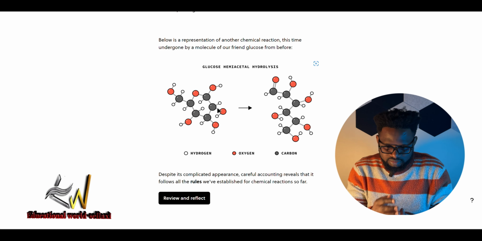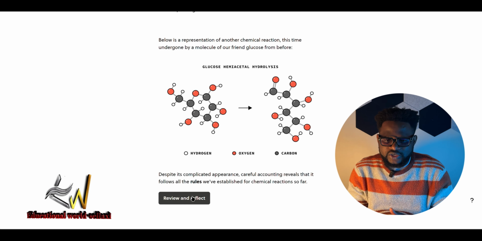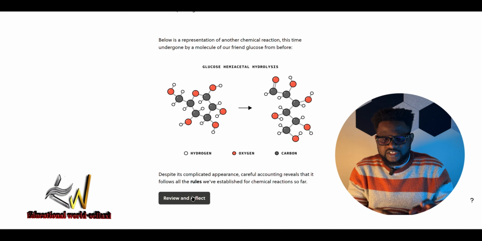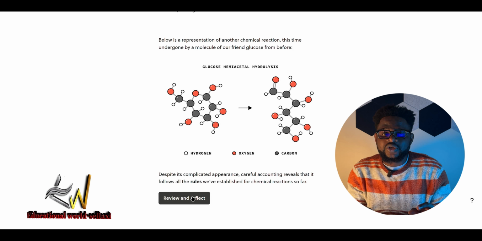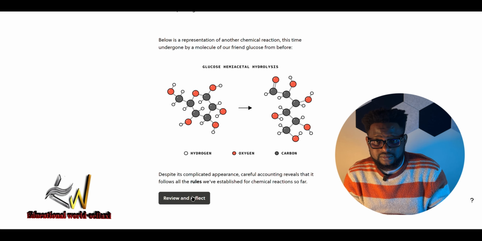Forget about the complication of the reactions here. In this glucose hydrolysis, nothing changes. The only thing that changes is the spatial arrangement of the atoms. If we count the number of molecules there, it remains the same.